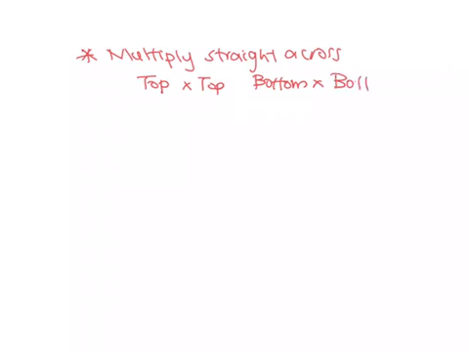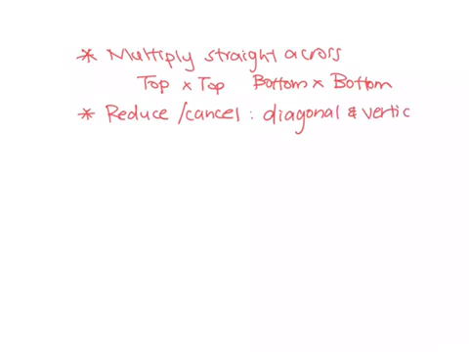Another thing to keep in mind is that you can reduce or cancel in 2 directions, diagonally and vertically. Vertical means up and down. That's important to remember. And the third thing to remember is you always want to factor first.